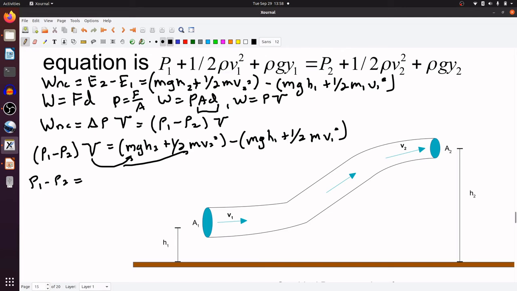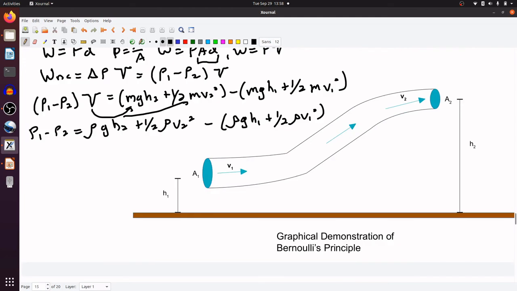That's really what I should have said to be more accurate. So that's going to give me P1 minus P2 equals rho g h2 plus 1/2 rho v2 squared minus rho g h1 plus 1/2 rho v1 squared. And then I could move my whole 1 argument to this side and move my 2 over here to get positives with positives.